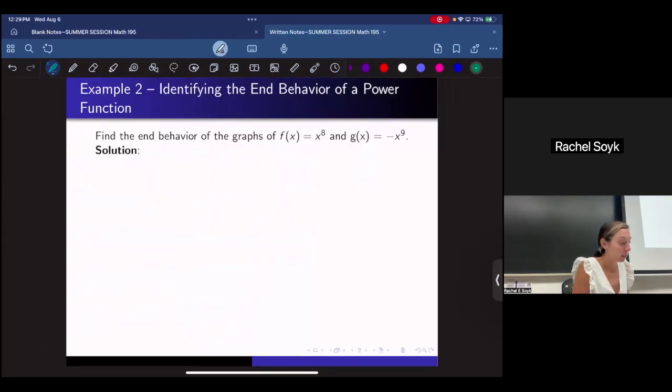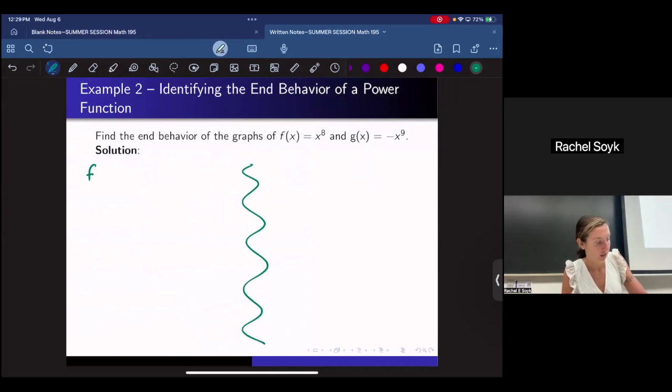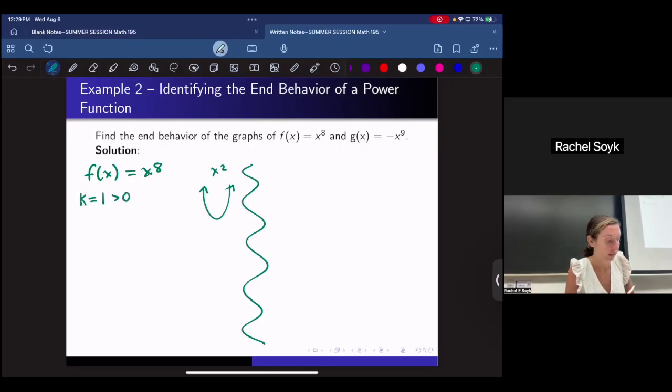So let's take a look at example 2. We have find the end behavior of the graphs x to the 8th and then x to the 9th. So x to the 8th is even degree. Just compare it to our x squared, which is also even degree. And because our k value is 1, it is positive, so no reflection is needed.